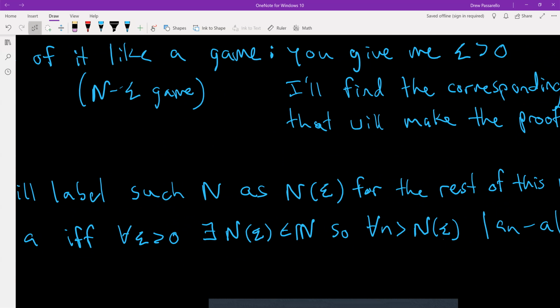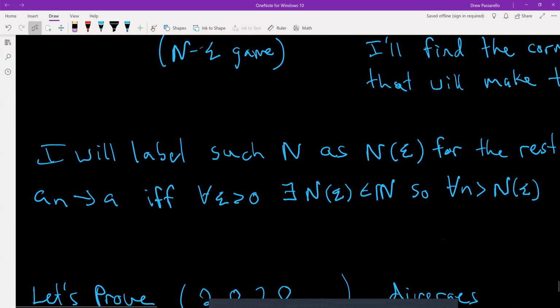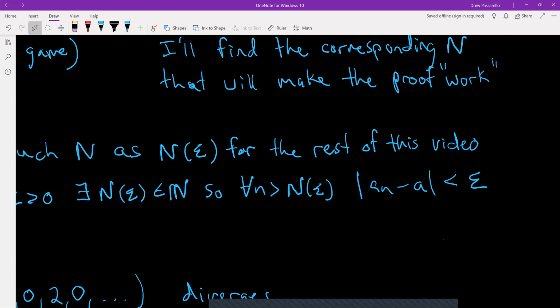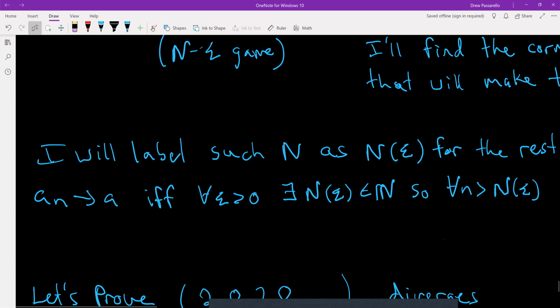So for the limit definition, I'm going to say a_n converges to A if and only if for all epsilon greater than 0, there exists this capital N of epsilon, a natural number, so that for all little n bigger than this capital N, the distance of a_n minus A is less than epsilon. All right, so that was the example with 1 over n that we've shown converges to 0.